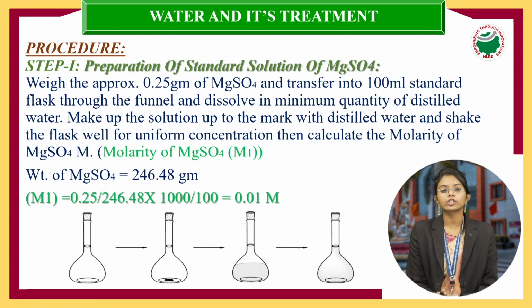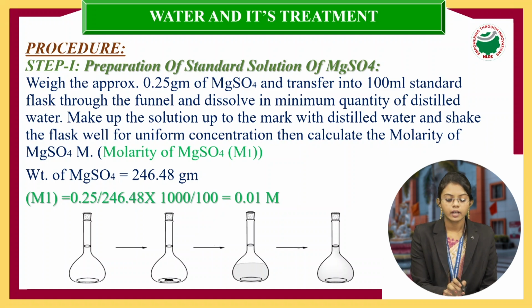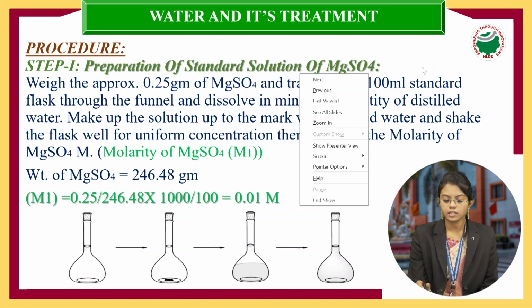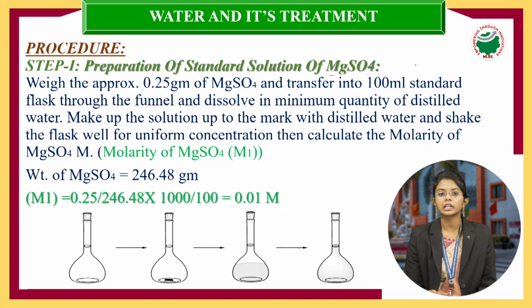So, coming to the procedure, estimation of hardness by the EDTA method, or complexometric method, involves the first step, that is preparation of a standard solution of MgSO4, magnesium sulfate. Now the first step, we are going to prepare a MgSO4 solution. That means we are going to do standardization of the MgSO4 solution.